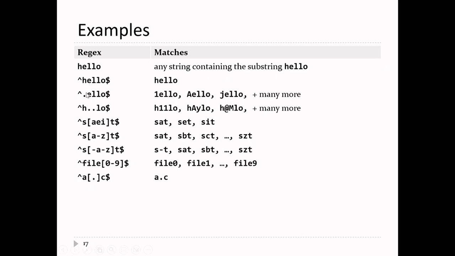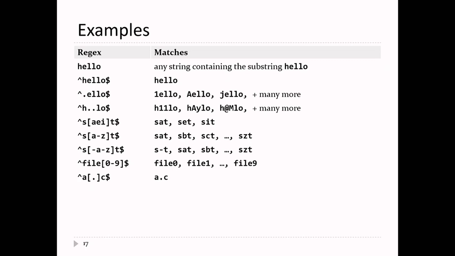Now the period will match any single character, but not the empty character. There's no such thing as an empty character, I don't think. It matches exactly a single character. So it starts with any single character, followed by an E, an L, an L, and ends with an O. That matches all of these strings, plus many more. If your string is longer than 5 characters, it won't match.